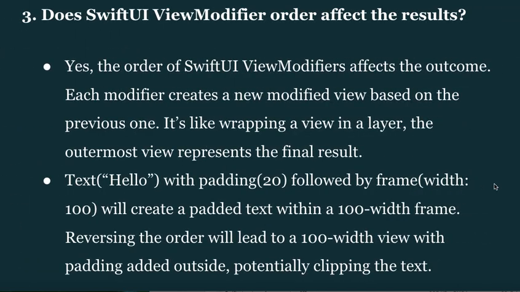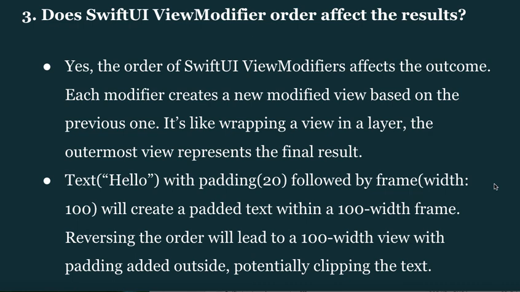Number three, does SwiftUI view modifier order affect the results? Yes, the order of SwiftUI view modifiers affects the outcome. Each modifier creates a new modified view based on the previous one. It's like wrapping a view in a layer. The outermost view represents the final result.